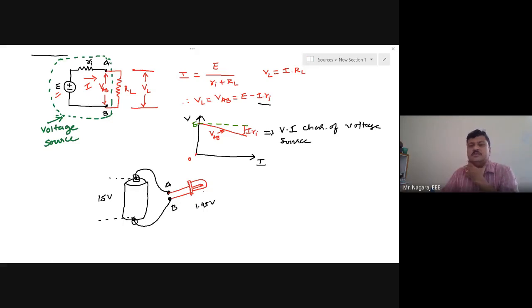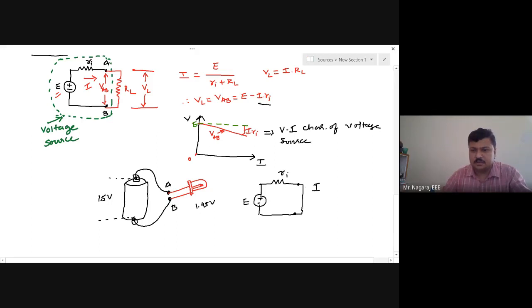So whenever the voltage source is not in service, it should be kept open. If the voltage source is not to be used, it should be kept open. Now what happens if it is short circuited? If you take this as R, and if I short circuit this, Ri, this is E. Now my current I, or I can call it ISC, the short circuit current, is simply E divided by Ri.